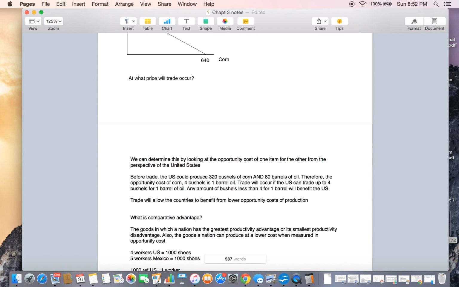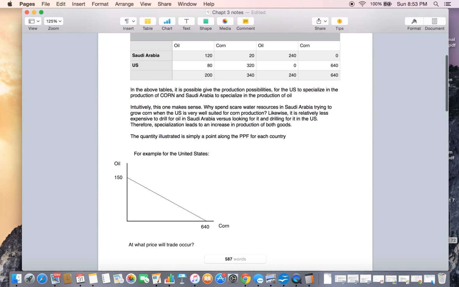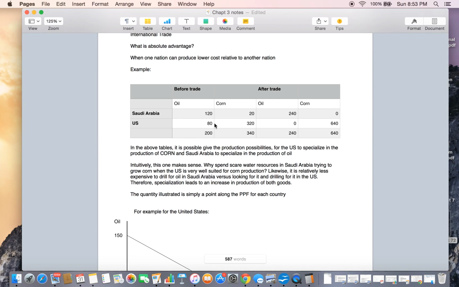Obviously, they're going to want to trade less than 4 bushels of corn for 1 barrel of oil. And any price of less than 4 bushels of corn for 1 barrel of oil will induce trade. Trade will therefore allow us to benefit from the lower opportunity costs of production, because in this two-economy world, if we specialize in that which we have an absolute advantage in, we will have gains from trade.